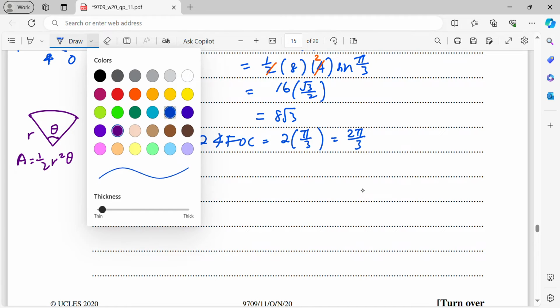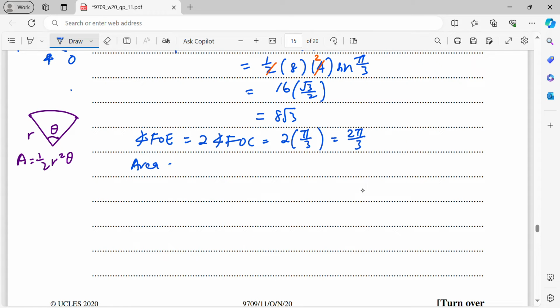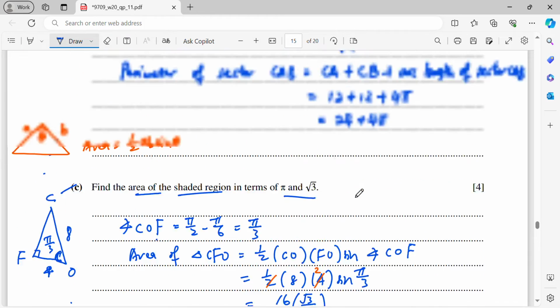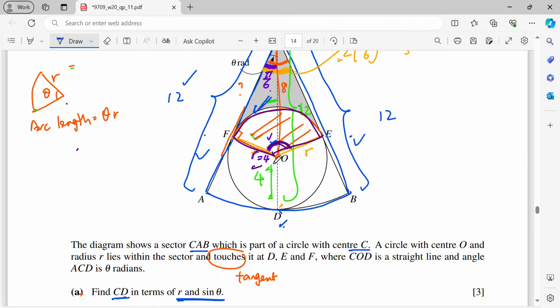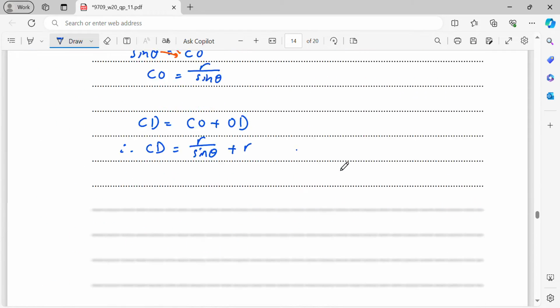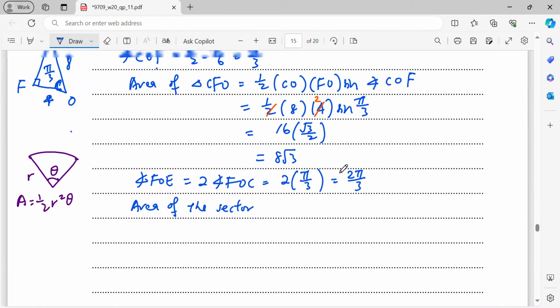So from here, I will write area of the sector. So let me label the sector first. The sector is FOE. Area of FOE is half of 4 squared, the theta is 2 pi over 3. Then here you will be getting, okay, simplify first. So 2 and half cancel. So 16 over 3 pi.